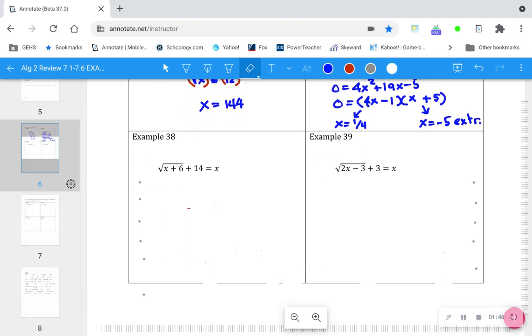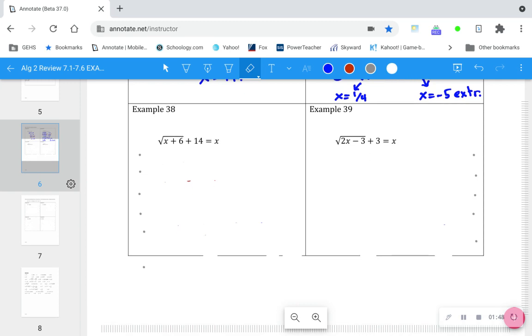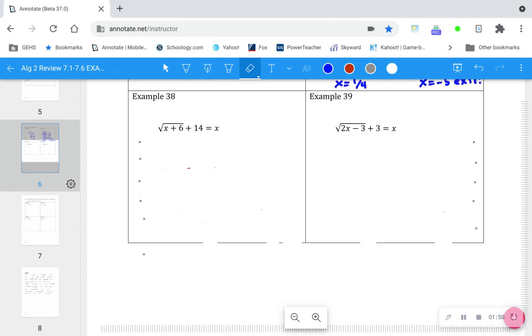All right, we're going to go on to example 38, and this one is very similar to your problem number 38. So I'm going to get the radical isolated. I'll subtract 14 from both sides. Then I square both sides. You'll see that show up on the next line there. Avoid the pitfall of just squaring the x and squaring the negative 14.